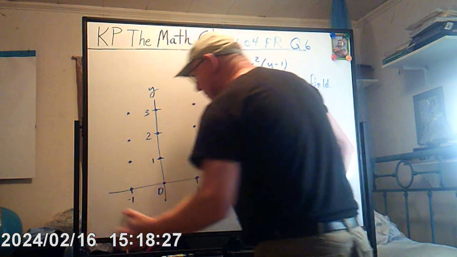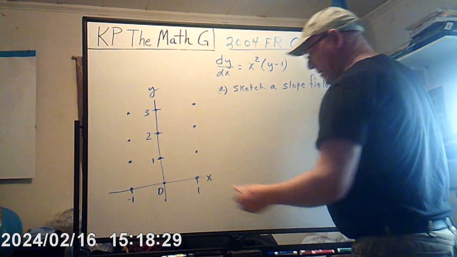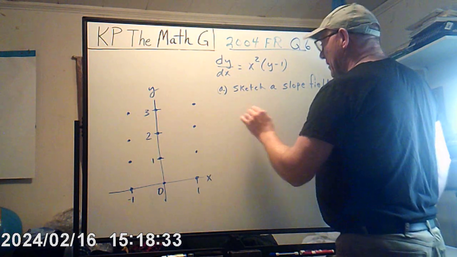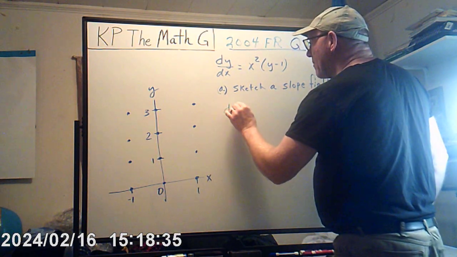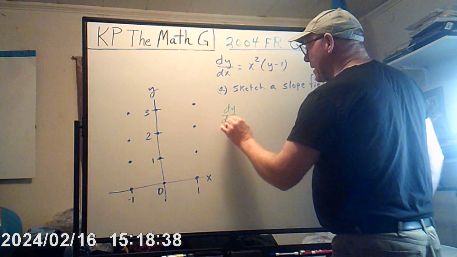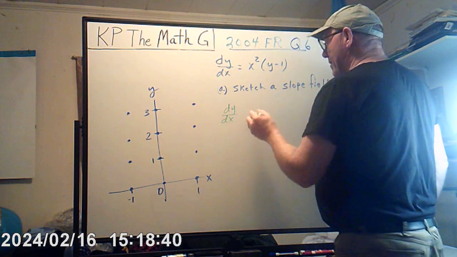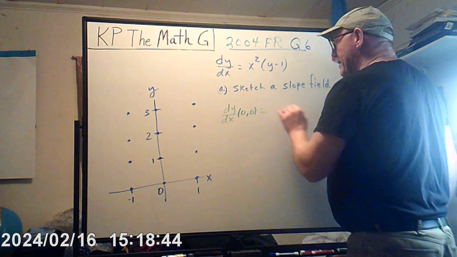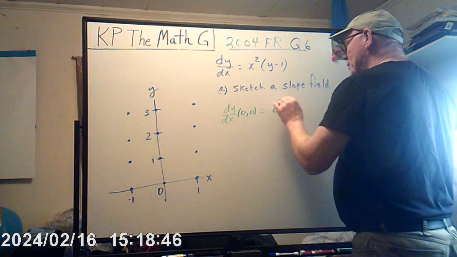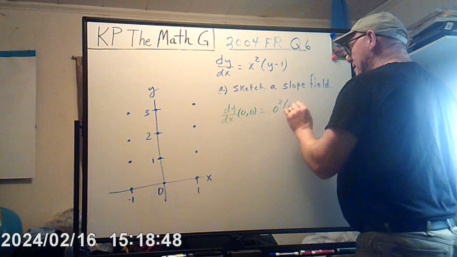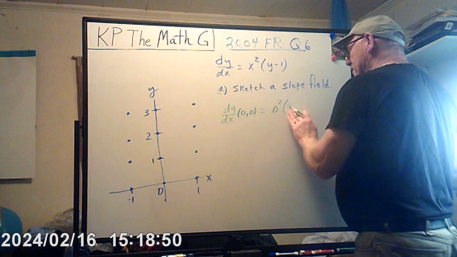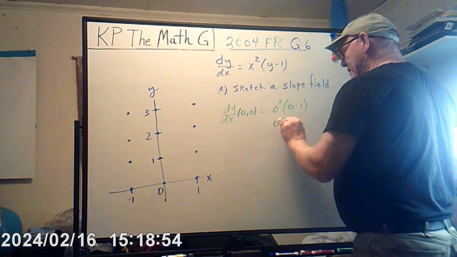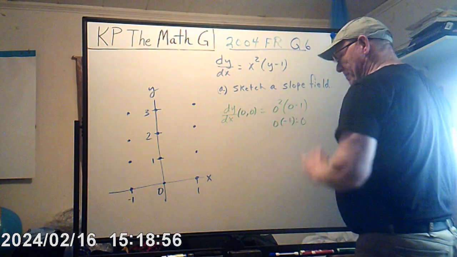Now let's get a color right here, and let's start with 0, 0. dy over dx at 0, 0 is equal to 0 squared times y, which is 0 minus 1, and that's 0 times negative 1, which is 0.